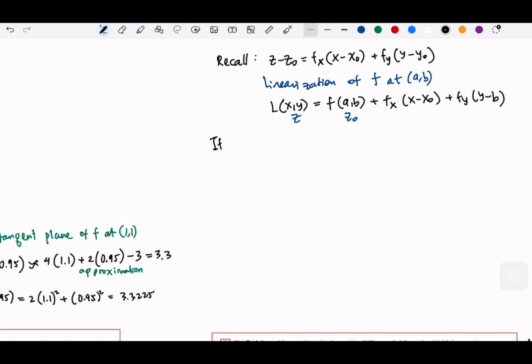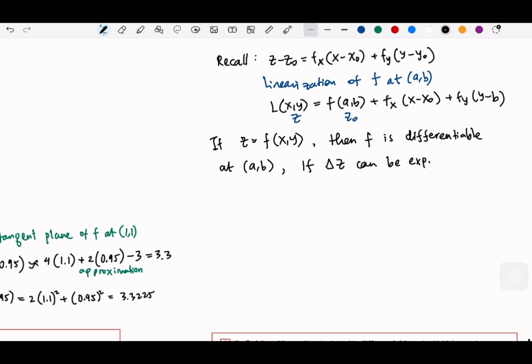Now if z is a function of two variables x, y, then f is differentiable at point (a, b), and if the delta z can be expressed as delta z, so I will write in terms of delta for all the changes.